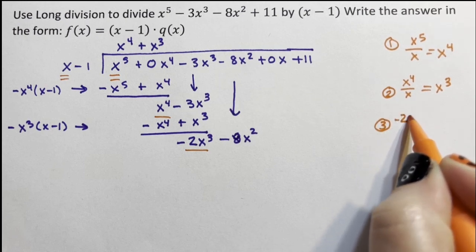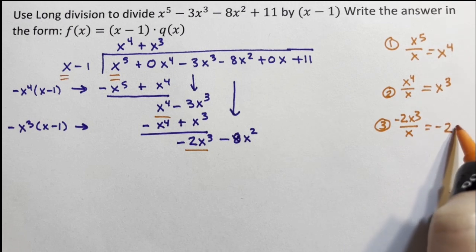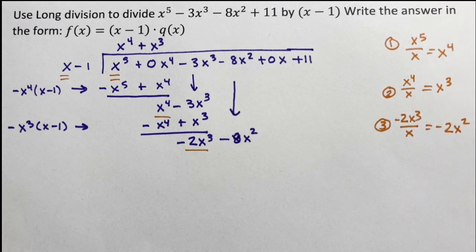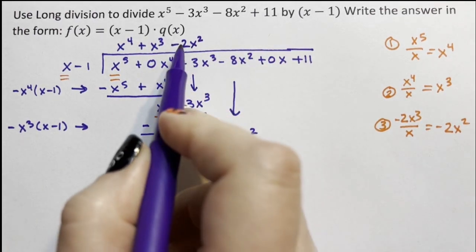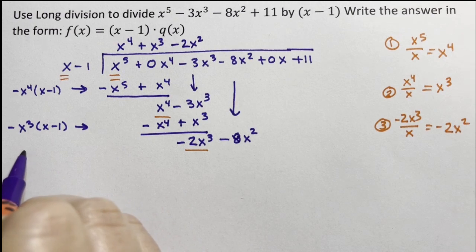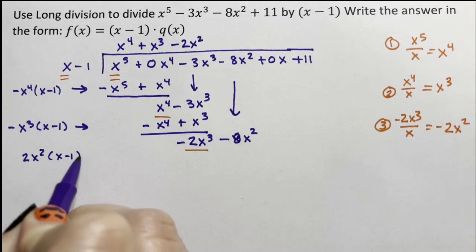Negative 2x cubed divided by x is negative 2x squared. So if I'm reversing this sign for multiplication, I'm going to multiply by a 2x squared times x minus 1.